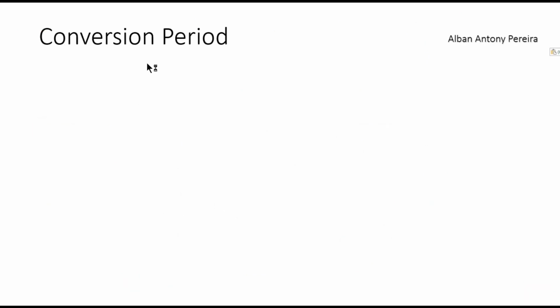Next important aspect to learn here is conversion period. So if you don't know what is conversion period, let me tell. The period at the end of which the interest gets compounded is called as conversion period. Note this down.